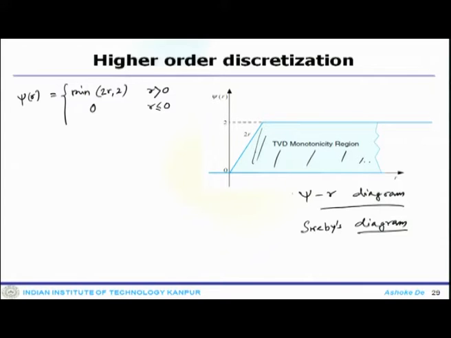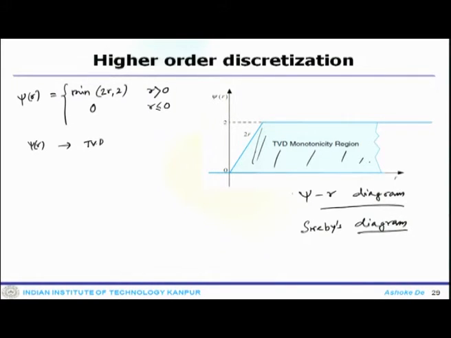So, if you look at this, you can simply grasp the formulation of the TVD scheme. Any flux limiter psi r which lies within the TVD monotonicity region will yield a TVD scheme.